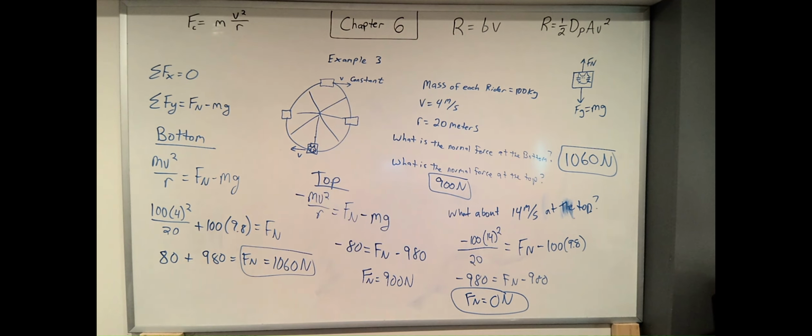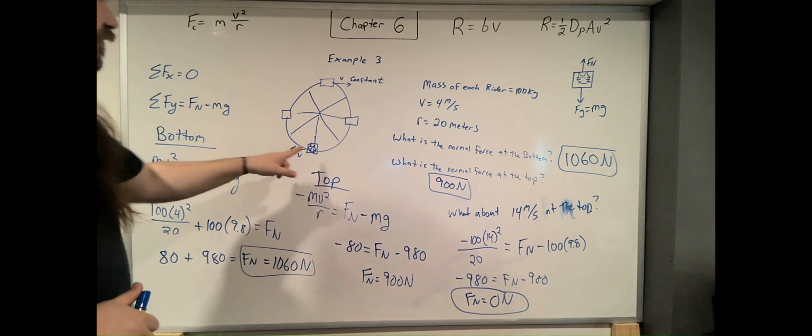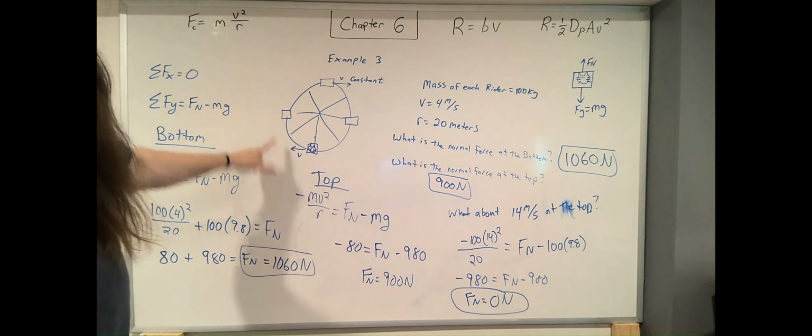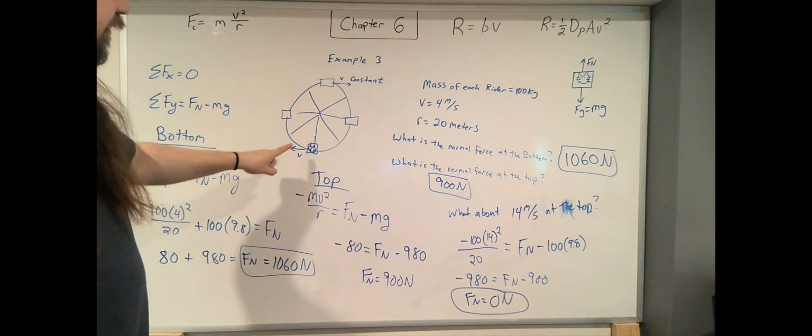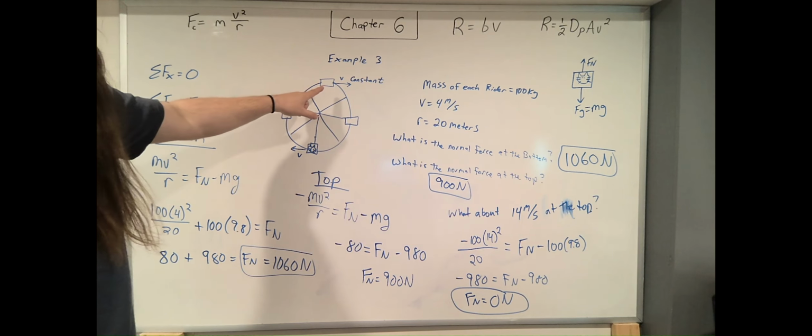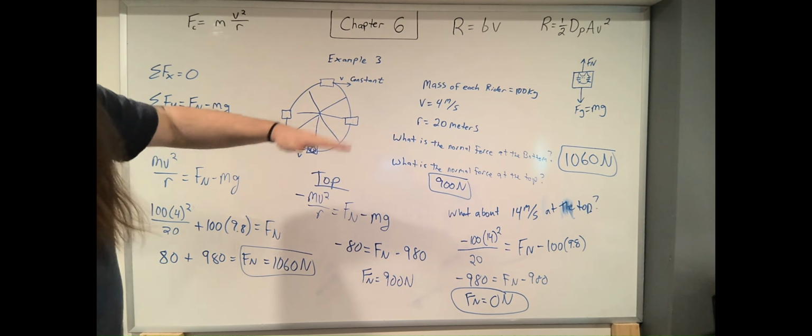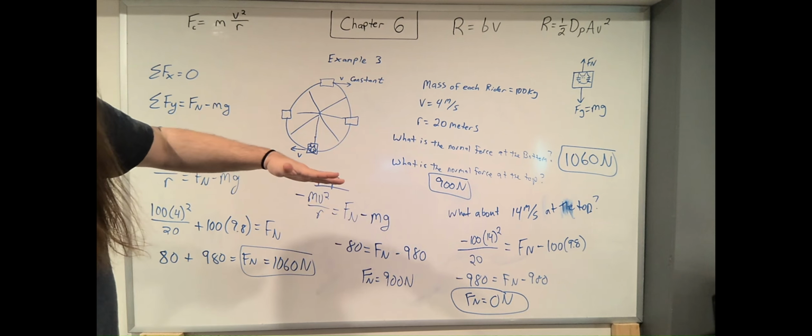What does that mean? What does a normal force of 0 mean? Well, it means that if the ride malfunctions and you're spinning around faster and faster into the circle, when you get to the top, the seat that is holding you down all of a sudden contains no force, right?